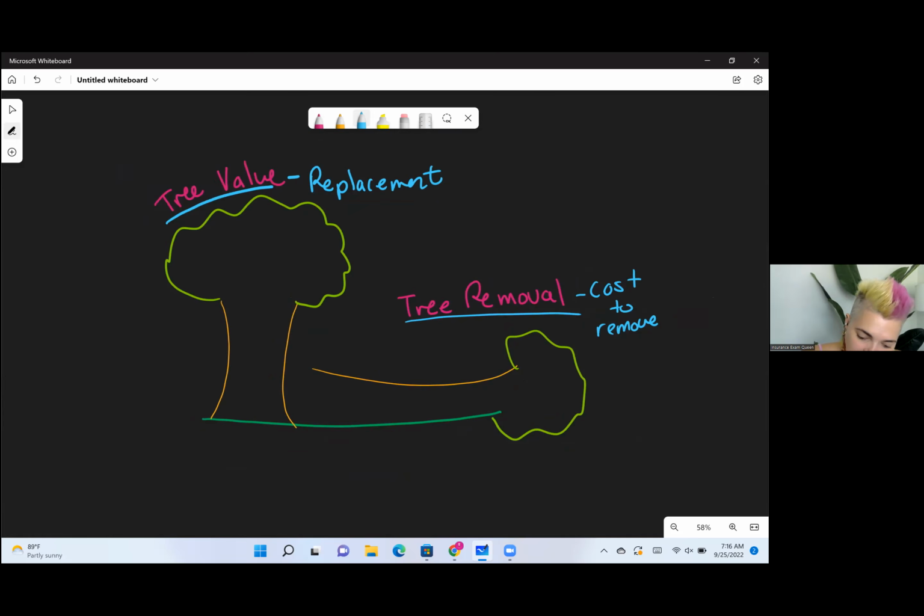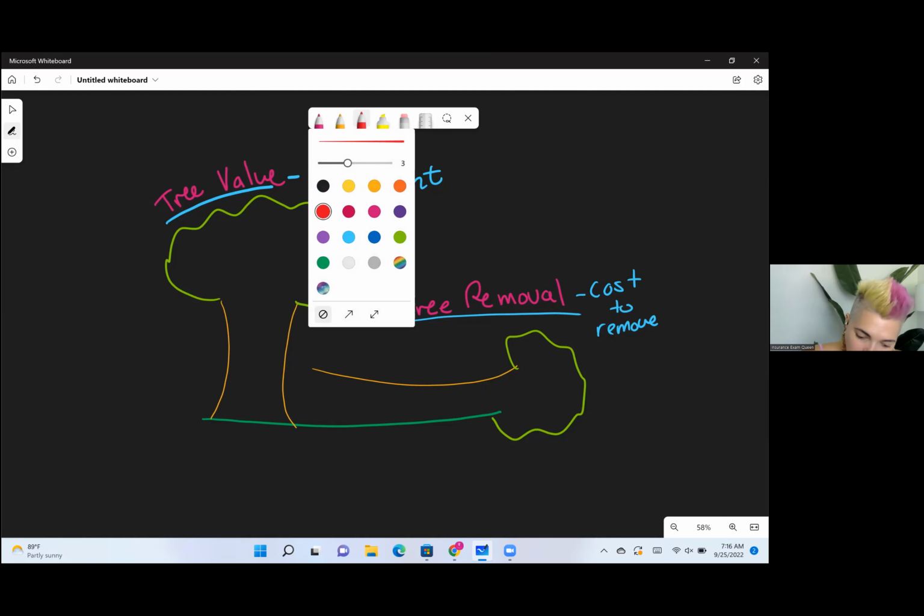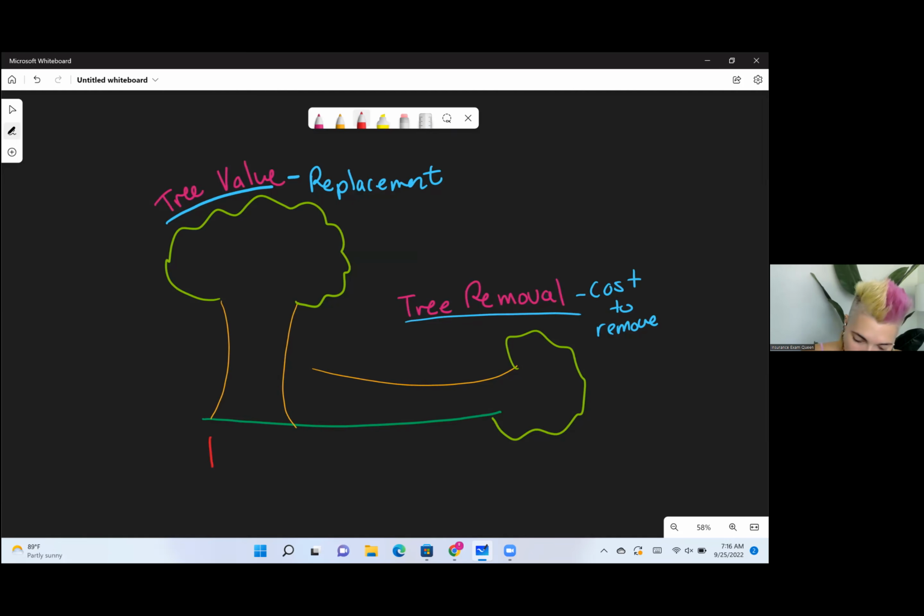Okay. So with the tree value, it's important to know on all the policies what the value of the tree is. So we're going to start with a DP1, which is going to actually fall outside of the tree chart. A DP1 is known as basic. That's dwelling policy 1, DP1, basic policy, which barely covers anything. It's a very simple, very basic policy, and it comes with $0 for trees. So with a DP1 basic, you get $0 for a tree, so it falls outside the tree chart.